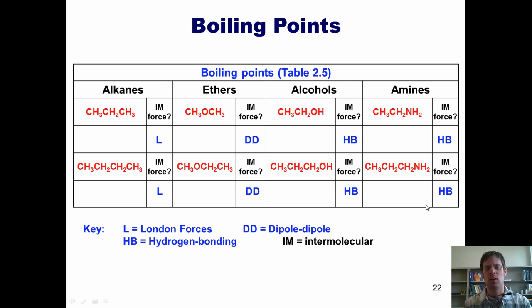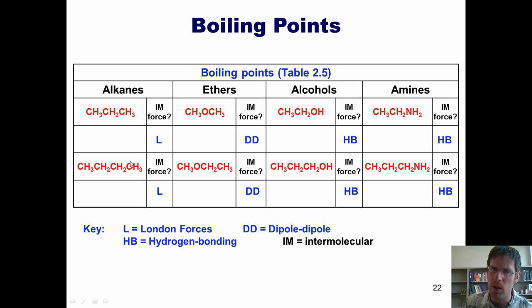Let's see if we can take a look and find trends in boiling points. We would imagine that if we're dealing with compounds that are roughly the same size going across this row, the boiling points would increase as the intermolecular forces increase. But what as we go down? I've got two molecules that have the same kind of intermolecular forces here, propane and butane. But one of them is bigger.